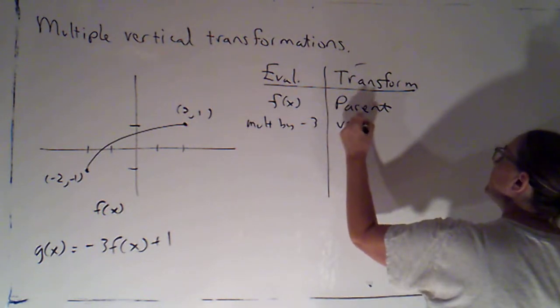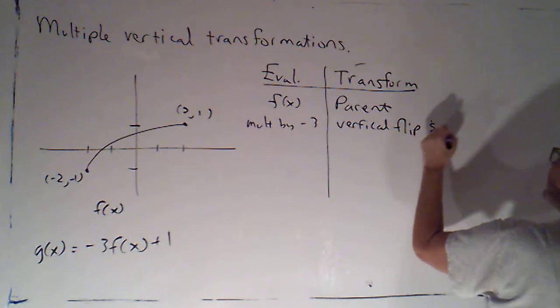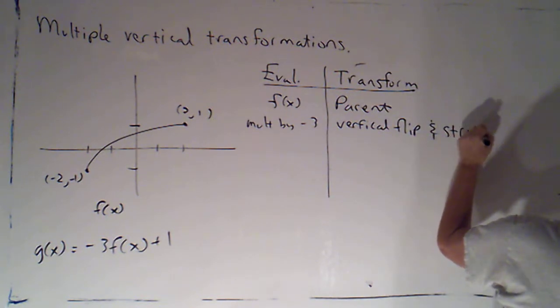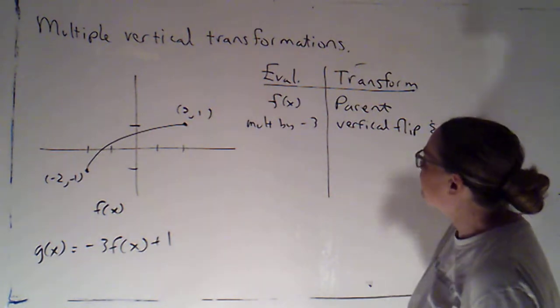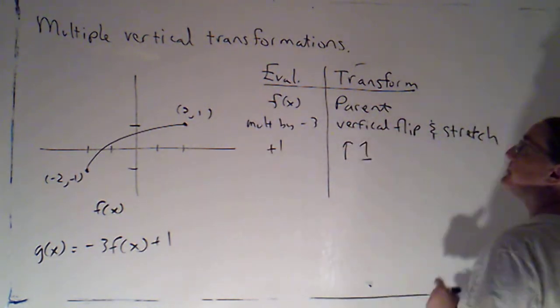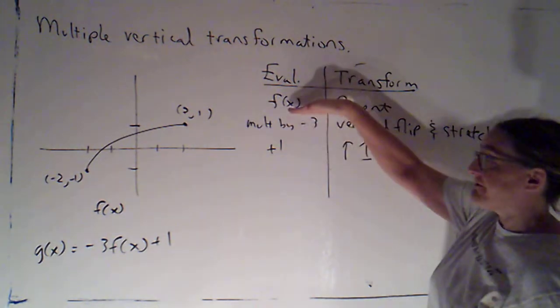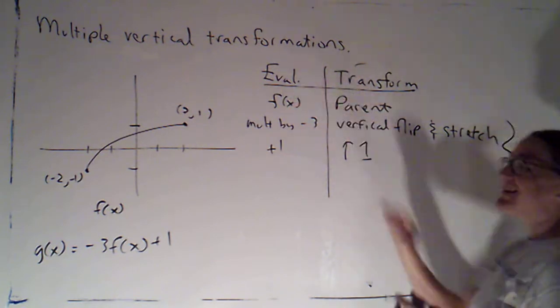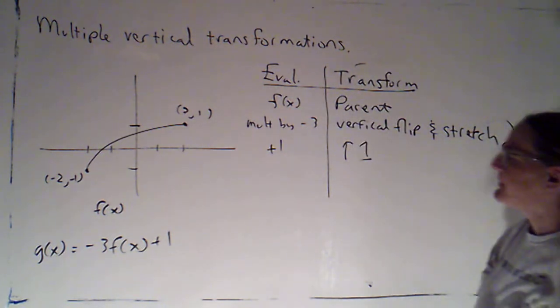That does a vertical flip because it's negative, and a stretch because the absolute value is 3, which is bigger than 1. And then I would add 1, and that's going to move things up 1. And because I'm doing these things after evaluating the parent function, that's what tells me they're vertical transformations.